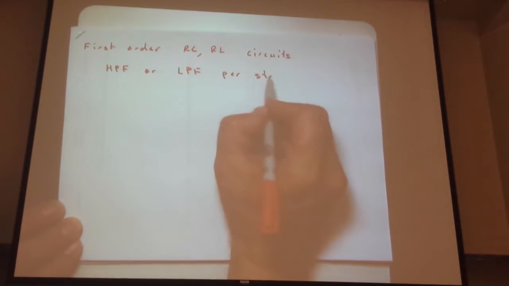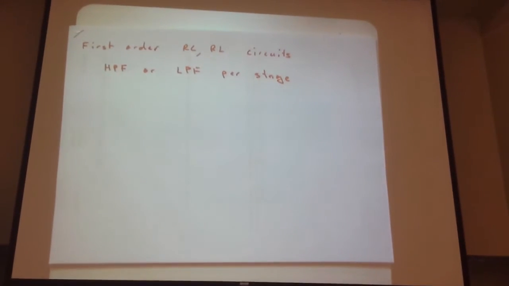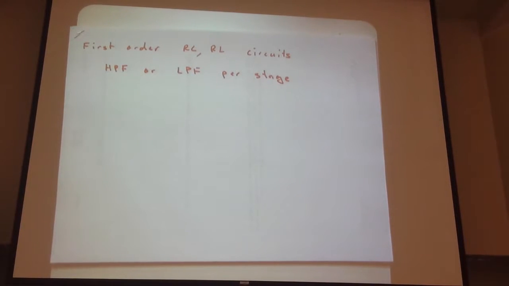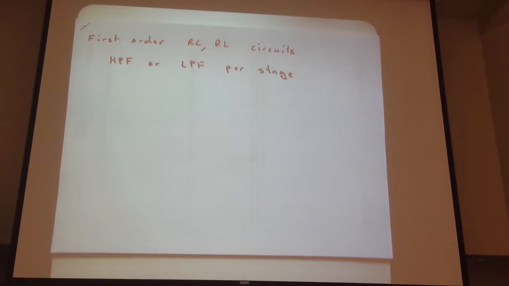If we have multi-stage circuits, we can construct more sophisticated things, but high pass filter, low pass filter per stage only. We can cascade using isolation amplifiers and get circuits that are more complicated. We can build a band pass filter.